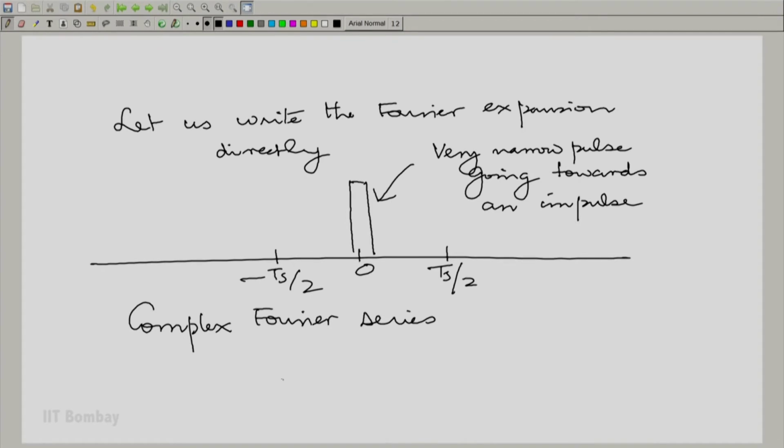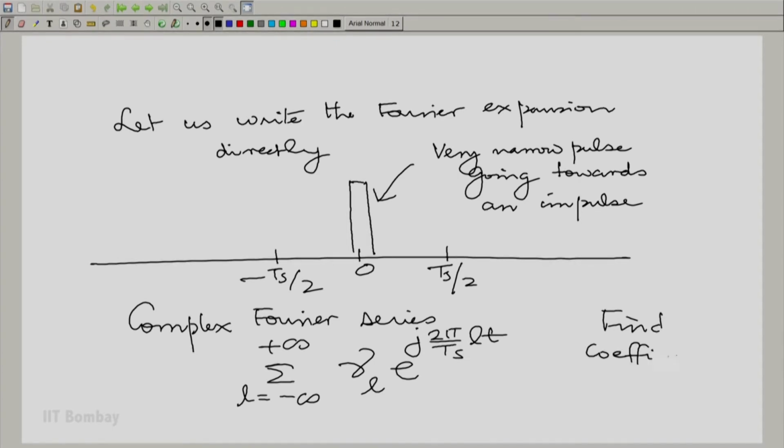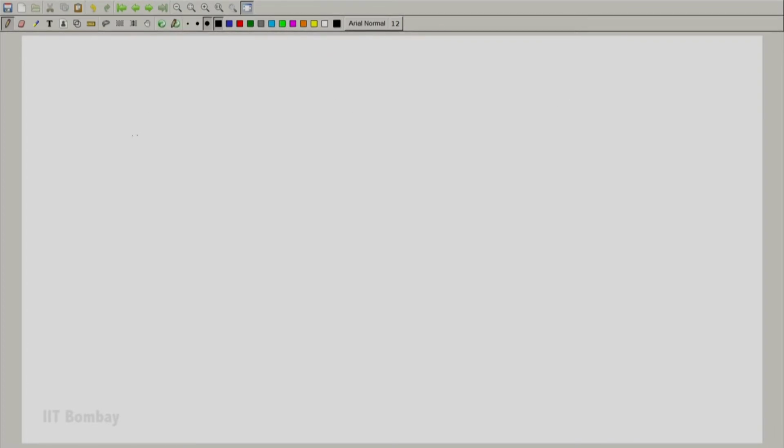So, those should be of the form summation, let us say L going from minus to plus infinity, some gamma L times e raised to the power j 2 pi by Ts times Lt, and we need to find the coefficients gamma L. And finding gamma L is very easy. All that we need to do is to recognize that gamma L is obtained, these are all orthogonal.